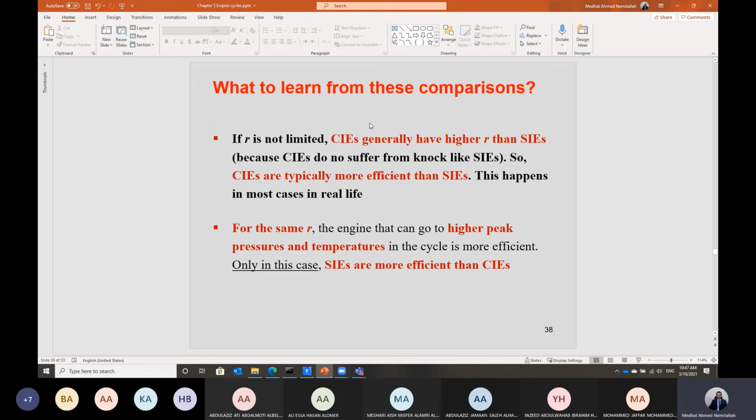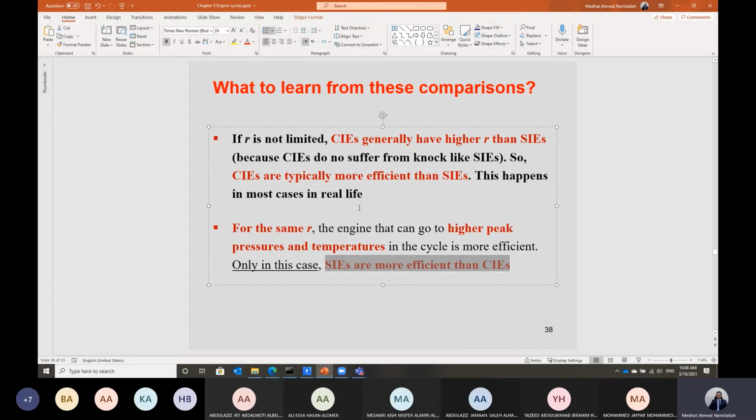So in conclusion, guys, what we can learn from this is that in comparing the compression ignition engine and the gasoline engine at the same compression ratio, the gasoline engine should have higher efficiency.